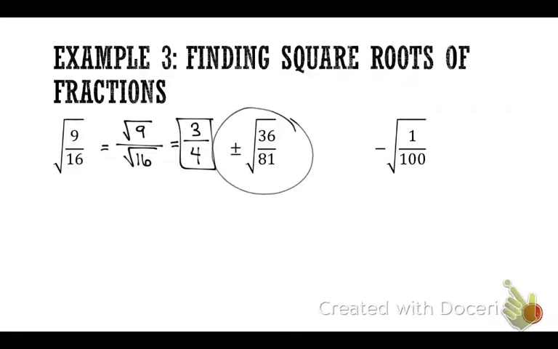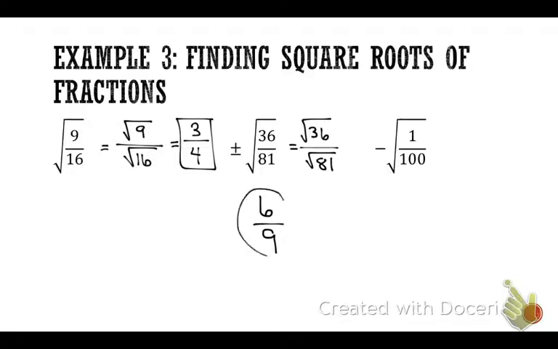Okay, so now let's look at the second problem. All right, now we see a positive negative, so we just have to make sure that that's in our answer. And we just remember this means the square root of 36 over the square root of 81. Okay, so the square root of 36 is 6, and the square root of 81 is 9. Now, before we try to make this our final answer, we're missing a few things. First one is I need to make sure that this is completely reduced. Is it reduced? No. So I need to reduce it to 2/3.